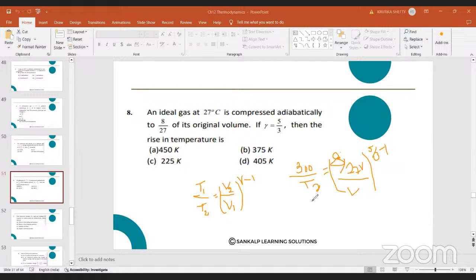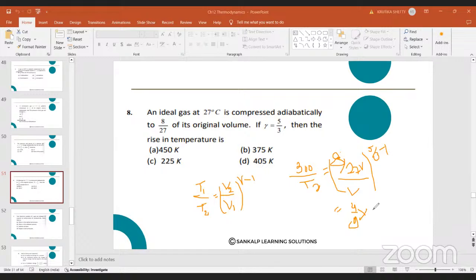Yes. So 5 by 3 minus 1 is nothing but what? It is 2 divided by 3. So 8 by 27 to the power of 2 by 3 means square 8 by 27 first, then you need to take the cube root of that. So if you do that you will get 4 by 9.